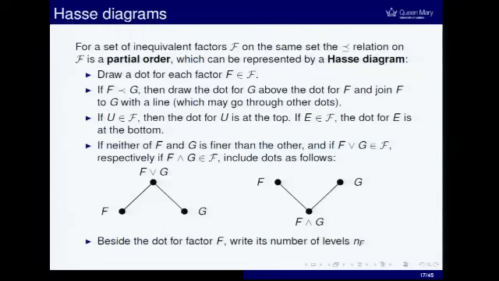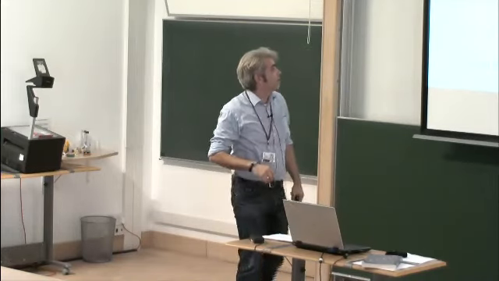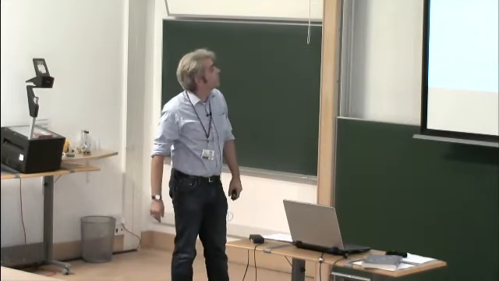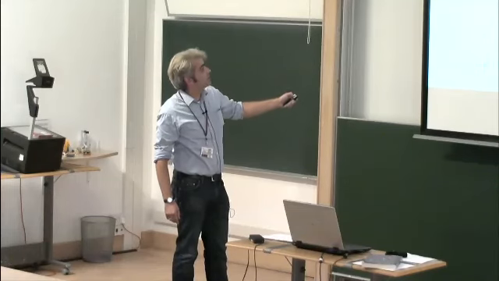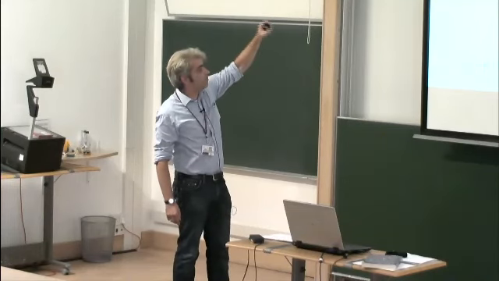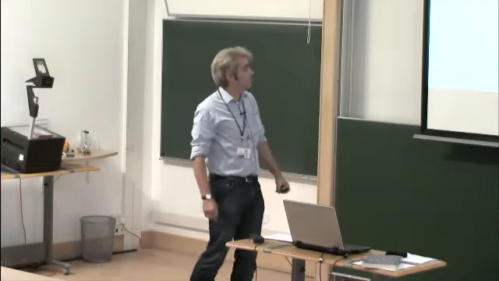Now, if for two of the factors in the curly F, F is finer than G, then we put a dot for F below a dot for G and join them by a line, and there may be some other dots in between. If our curly F contains the universal factor, we put it at the top. If it contains the equivalence factor, we put it at the bottom.